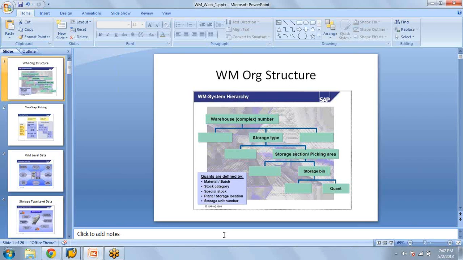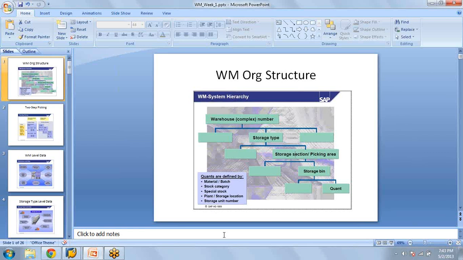The chocolates and biscuits are different materials, and the storage unit is the box. So you place that stock in the storage bin as a box. Chocolates and biscuits are different quants. There can be multiple quants in one storage unit, or a single quant.